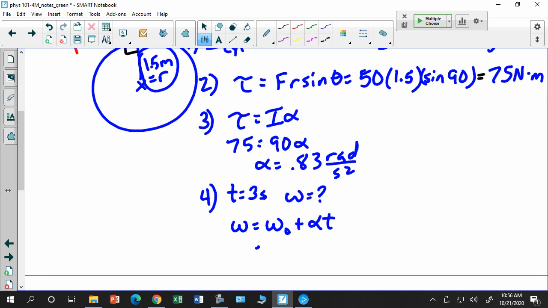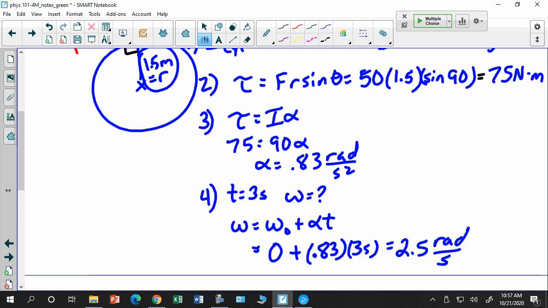It starts out at rest, plus 0.83 radians per second squared times 3 seconds, which gives me 2.5 radians per second. That's not what this particular question was asking. It's actually asking for kinetic energy. But to find kinetic energy, we need the velocity. So we'll do that next.